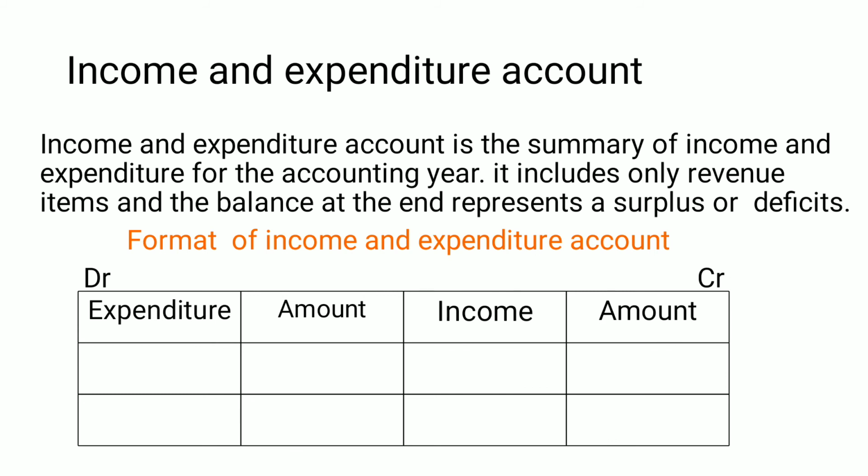As you know, the receipt and payment account holds current year, next year and previous year revenues and expenditures summarized together, and the total amount is recorded. But in the income and expenditure account, only current year revenues or expenditures are recorded.